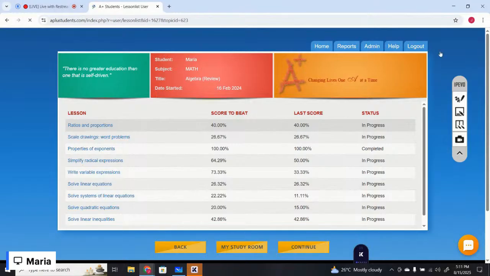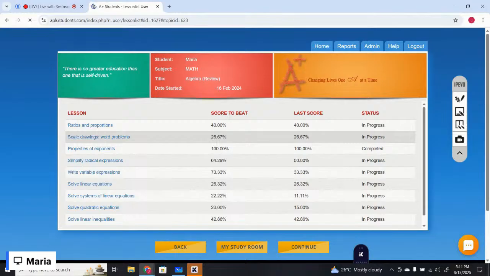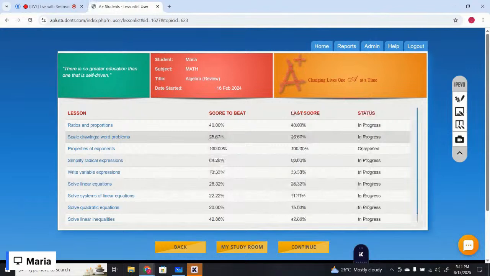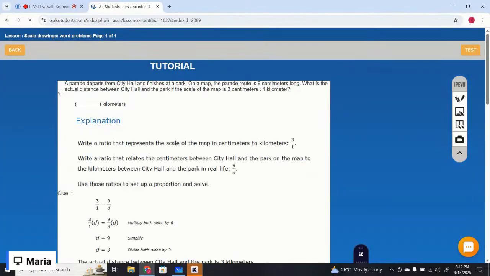The next lesson is scale drawings word problems. A parade departs from City Hall and finishes at a park.